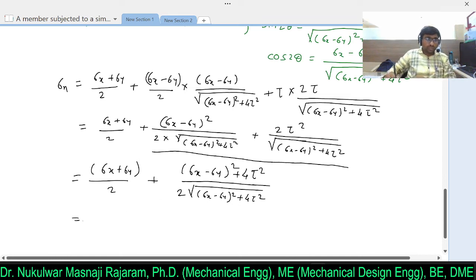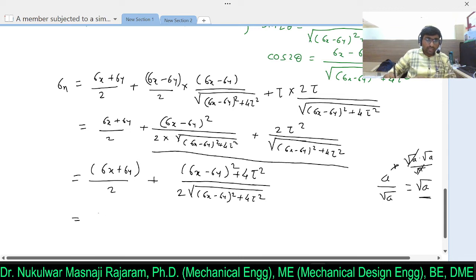Now you see the same thing in the under root. Clear? So a divided by under root of a: I can write a as root of a into root of a divided by root of a, so this will get cancelled and you will get under root of a.